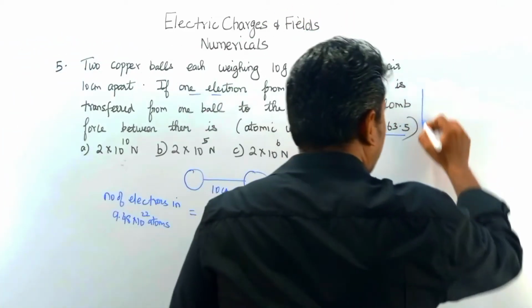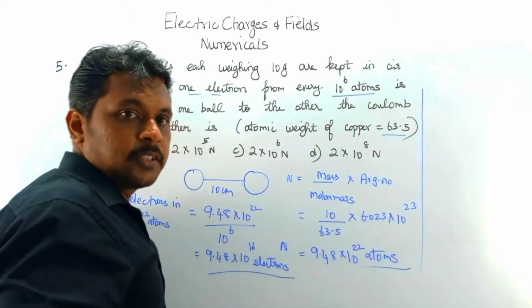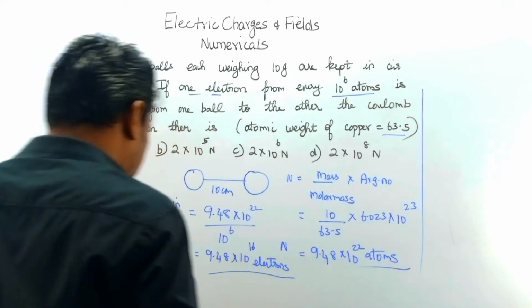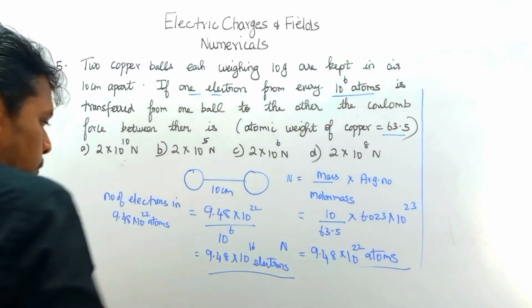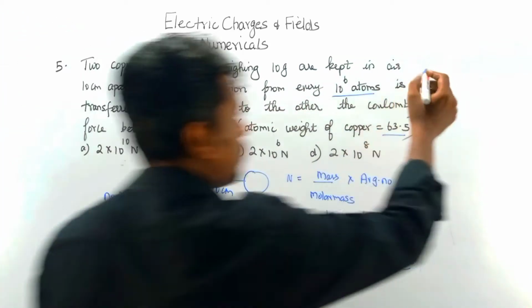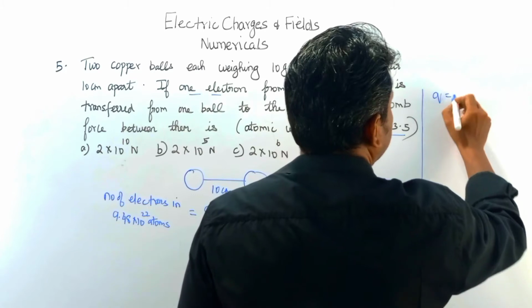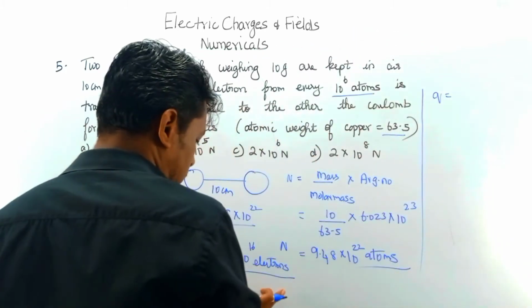So now we have to find the charge. The charge Q is equal to N into E, where N is the number of charged particles.